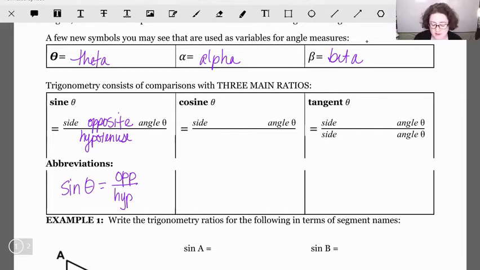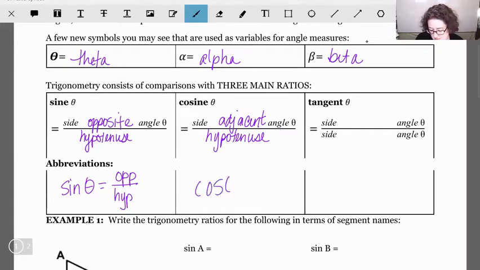Cosine is when we're looking at the side that's adjacent to whatever angle we're referencing over the hypotenuse of our triangle. We can abbreviate this as cos, standing for cosine, of theta equals adjacent over the hypotenuse.